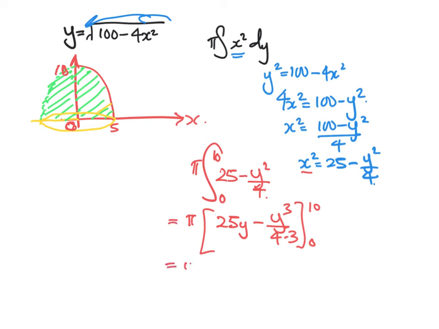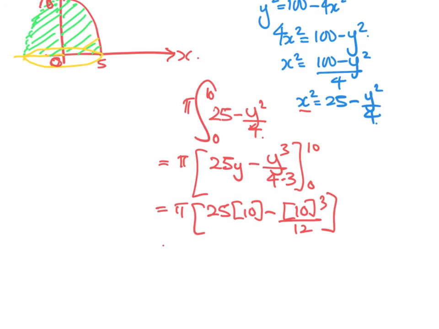So pi times 25 times 10 minus 10 cubed over 12, and this is 250 minus 1000 over 12, and then pi. If you use your calculator and simplify that, 12 times 250, I'm going to use the calculator to check that.